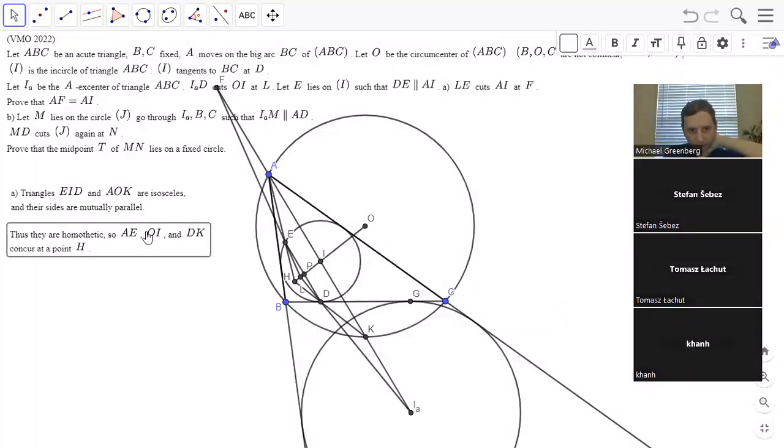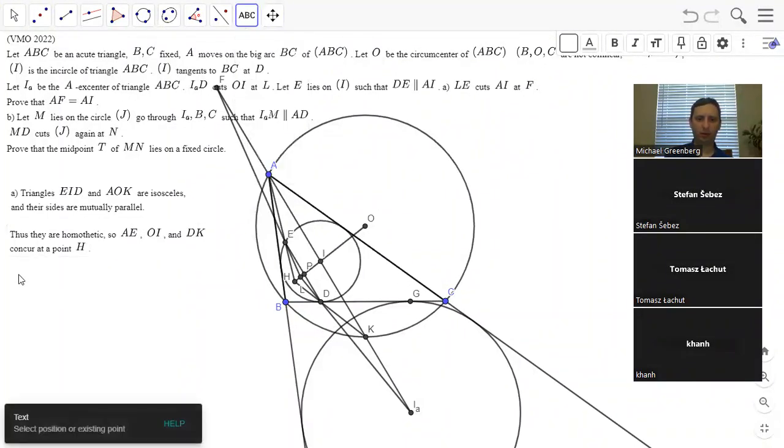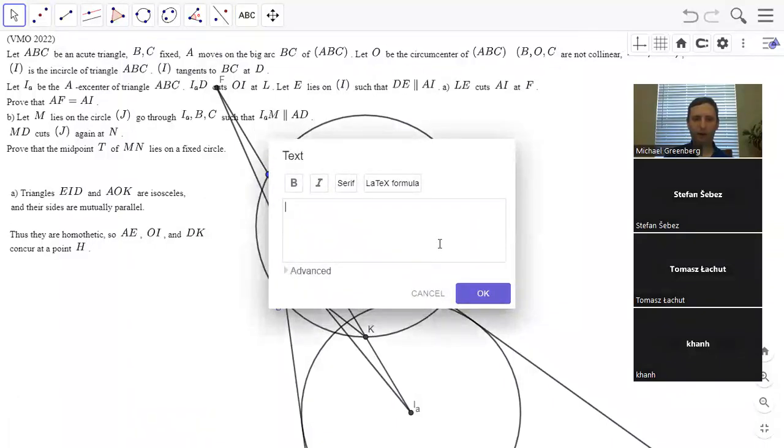And then once we know that, we project. Okay, so K was the midpoint of I I_A. So first we project through D, then we project through E. So (I, K; I_A, infinity), or (I, I_A; K, infinity).